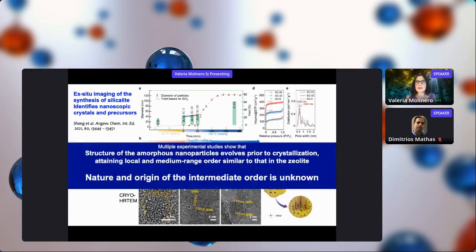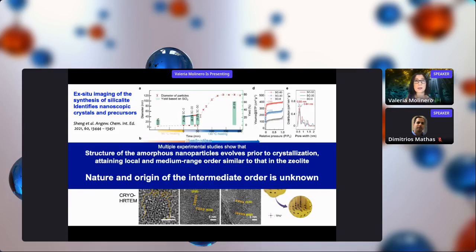There's another thing that is interesting about the zeolite synthesis. In all the measurements that have been done for multiple zeolites, there are reports that the zeolites emerge in a way that looks continuous. So the particles form, and then if you follow the order by small angle X-ray scattering, or even by solubility, there is something that looks to be a continuous transformation from amorphous to zeolite when you have development of zeolitic order.